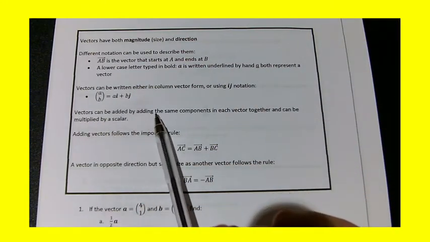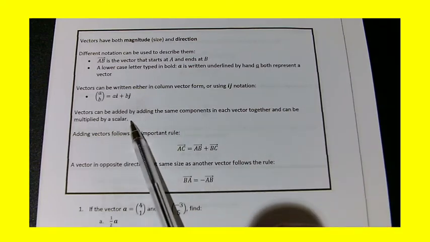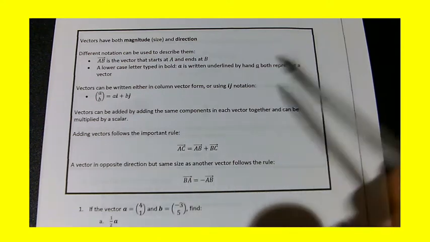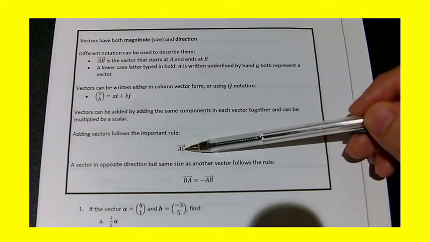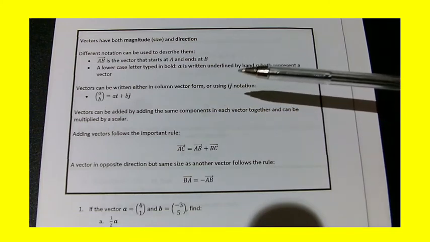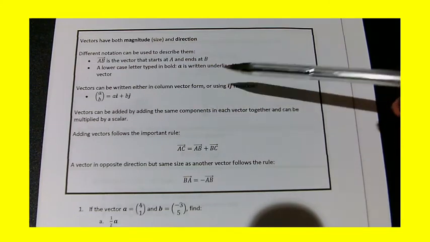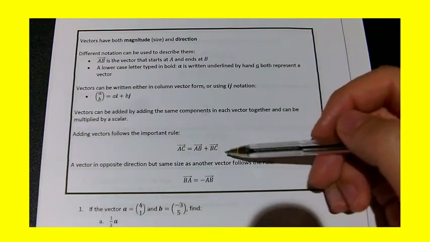Vectors can be added by adding the same components in each vector together and can be multiplied by a scalar. And adding vectors follows an important rule. So if you want to get from point A to point C, then you describe the vector as AC. If there is an in-between position B, then you can go AB, then BC.